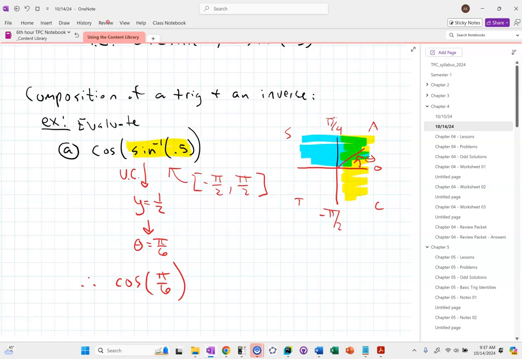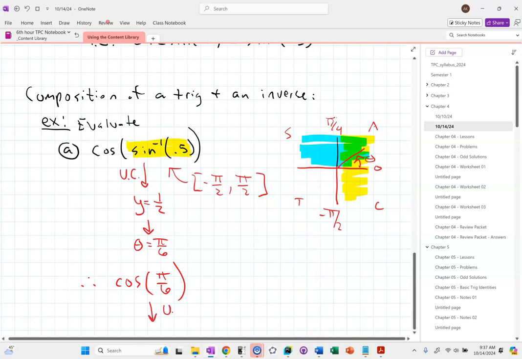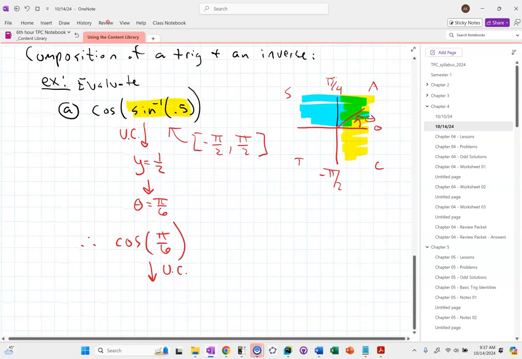And then, hey, I know how to do cosine of pi over 6. I'm going to locate pi over 6 on my unit circle. And since it's cosine, I'm going to look at the x coordinate, which is root 3 over 2. And that should be my final answer.